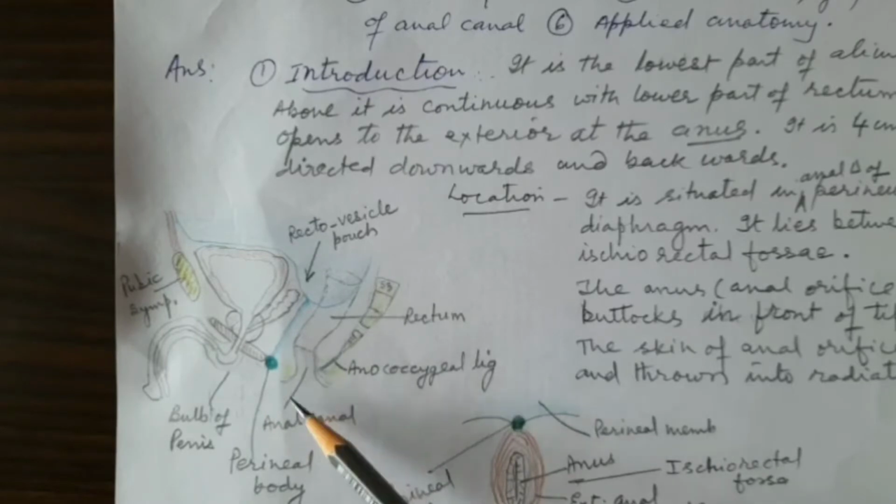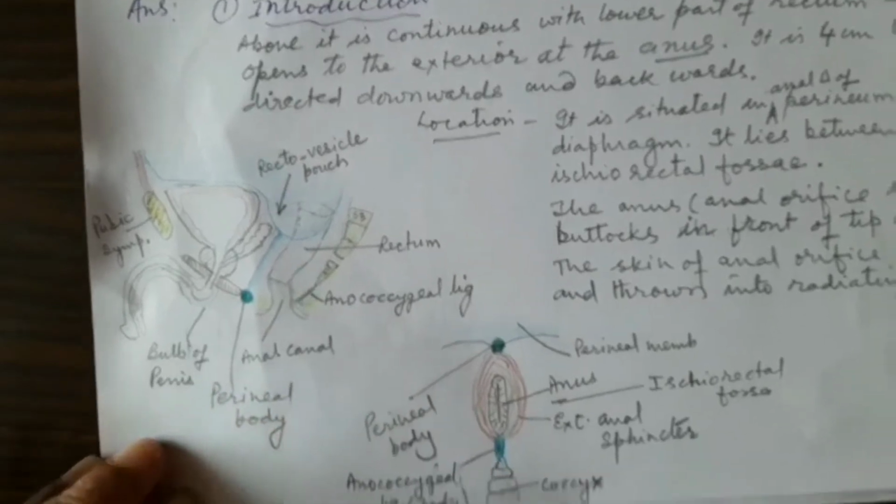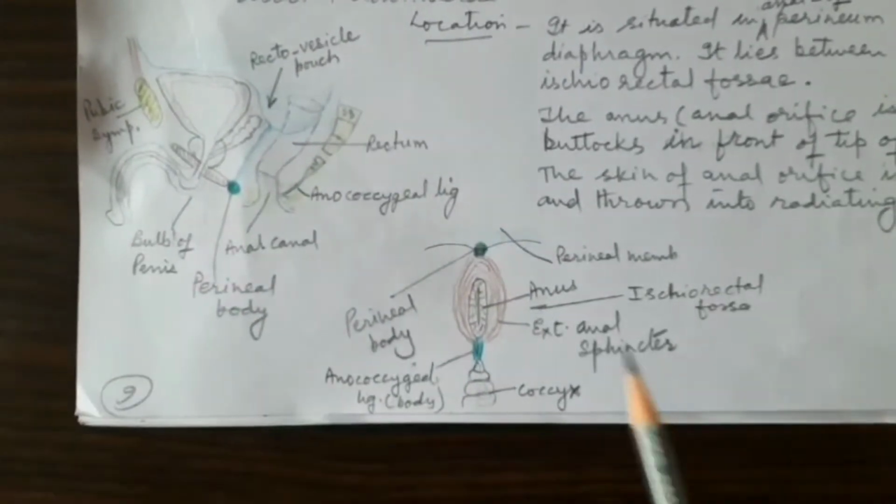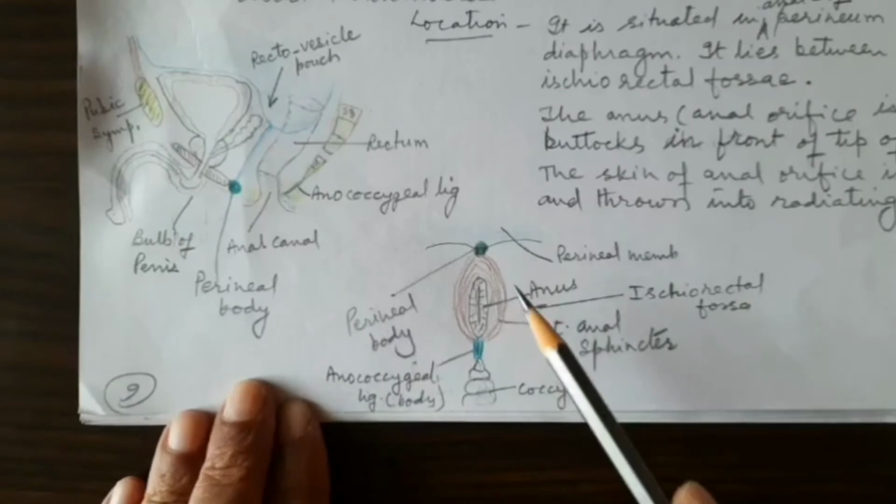So it lies below the pelvic diaphragm, and it lies between the right and the left ischiorectal fossa.